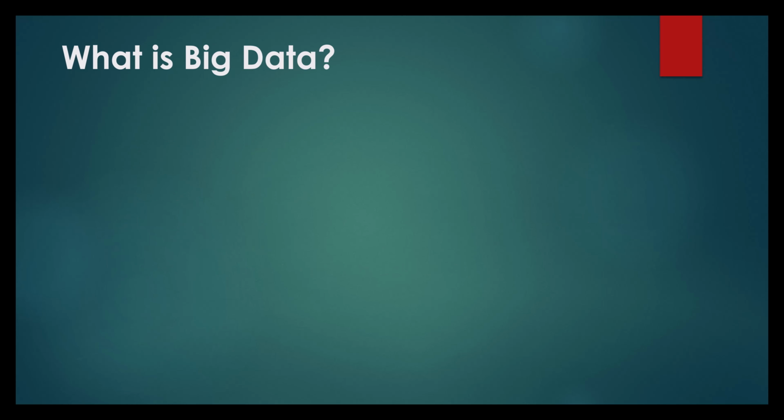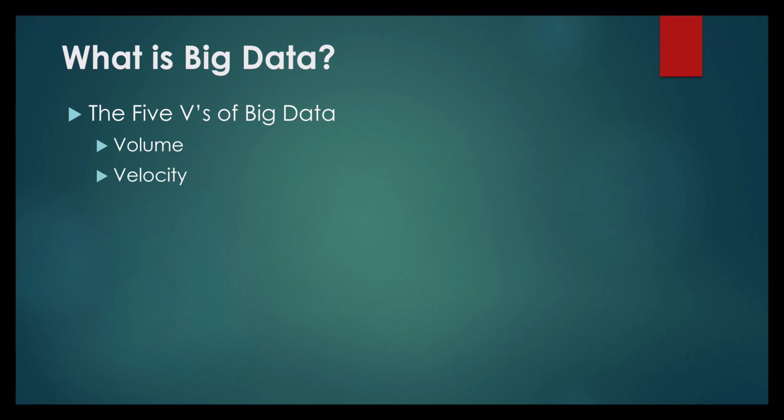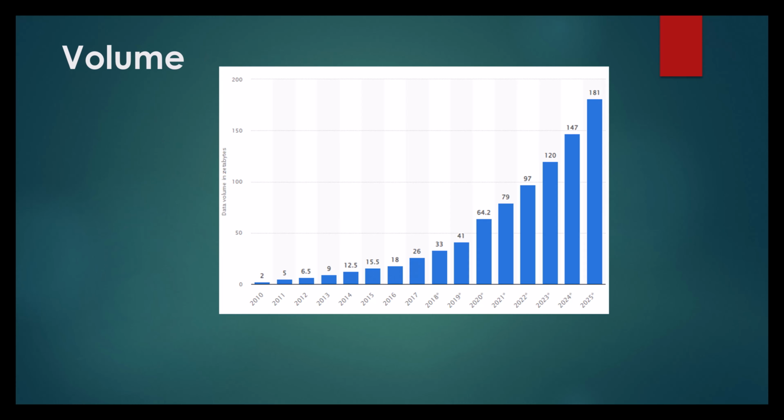Okay, so now let's talk about what's the big in big data. There are 5 V's of big data: volume, velocity, variety, veracity, and value. Volume. There's nothing to explain. Volume is just volume.